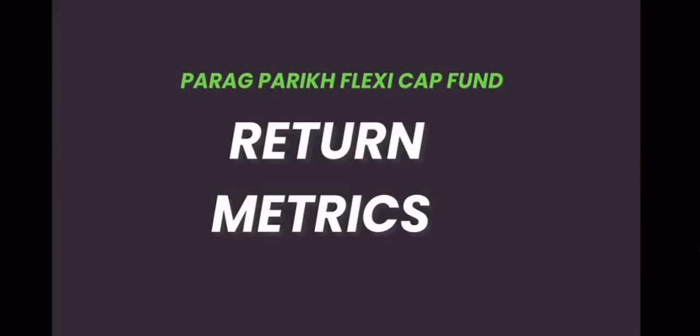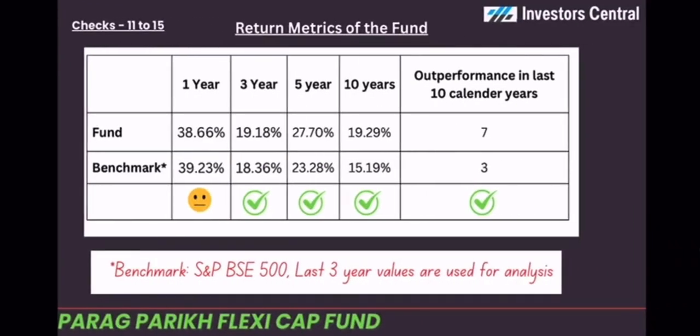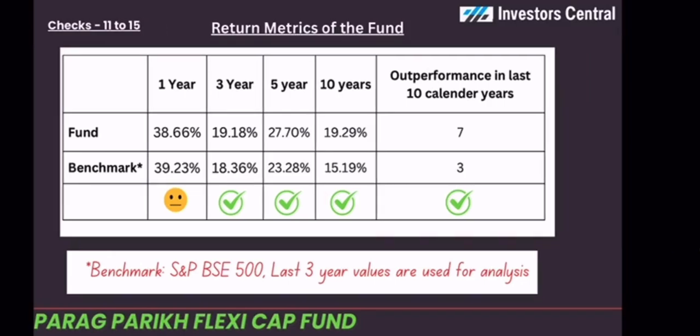Coming to return metrics of Parag Parikh FlexiCap fund, in 1 year return, the fund has not beaten the benchmark, but it made returns to investors almost par to the benchmark level. But in 3-year period, 5-year period and 10-year periods, the fund has outperformed the benchmark, especially in 3, 5 and 10 years period.